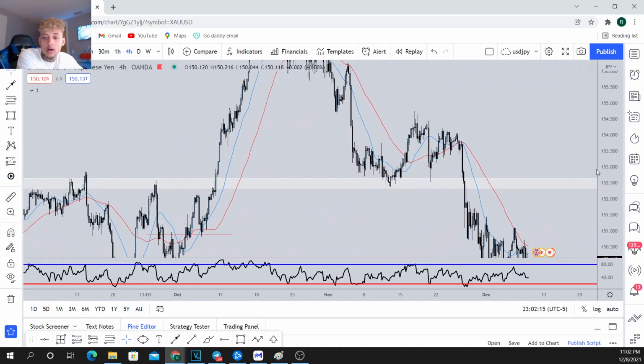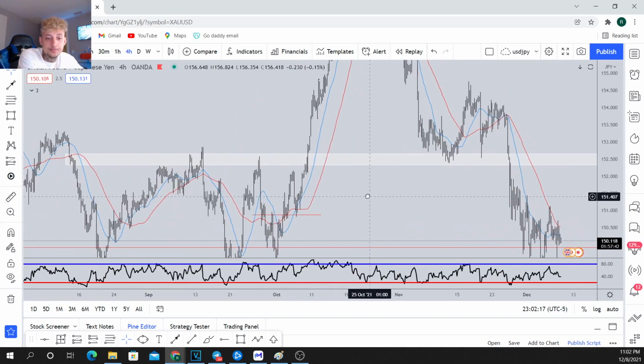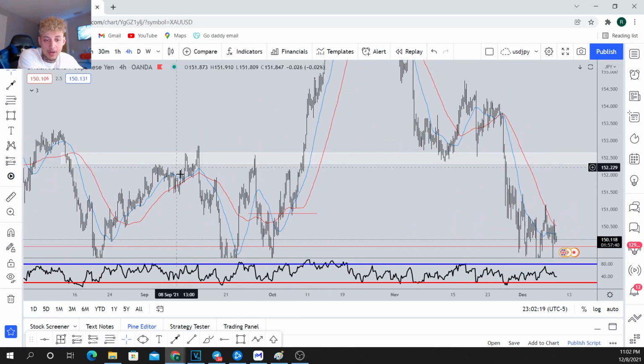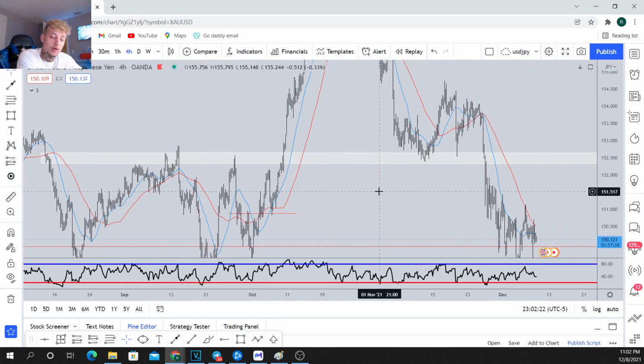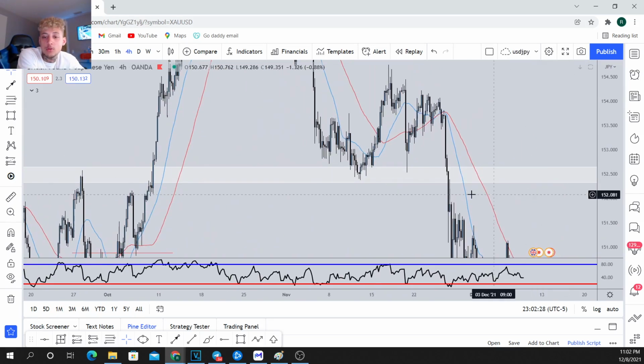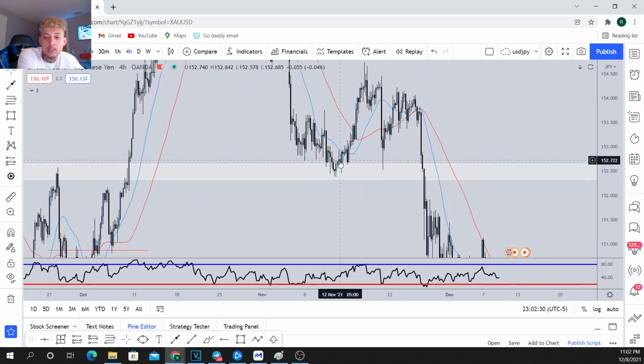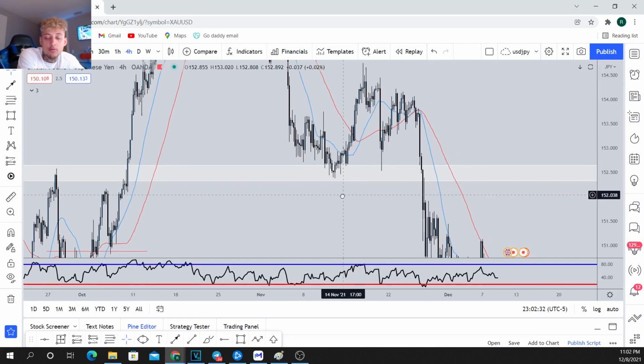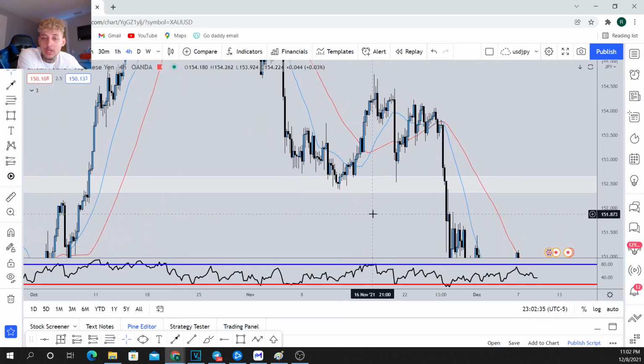So anyways, let's say that we have resistance here. It doesn't mean that I'm giving you actual trade ideas, but let's just say we have resistance here and we as a trader determine, okay, all I'm going to wait for is for price to form support. And once support actually forms, wait for my entry candle.